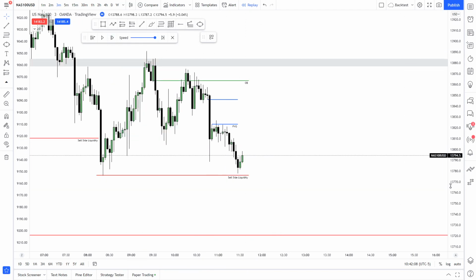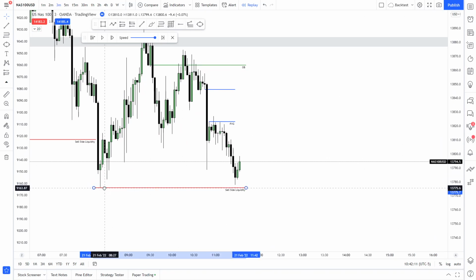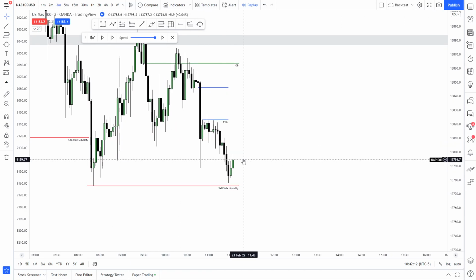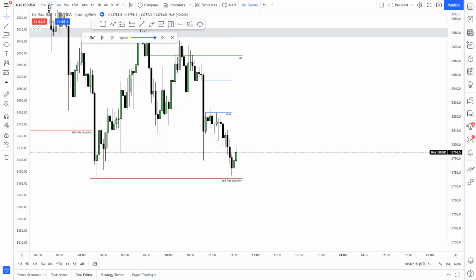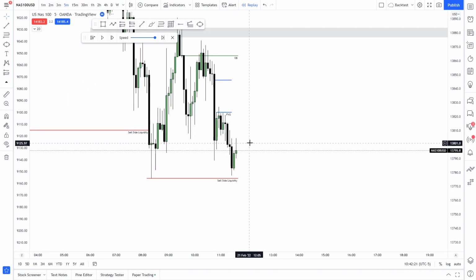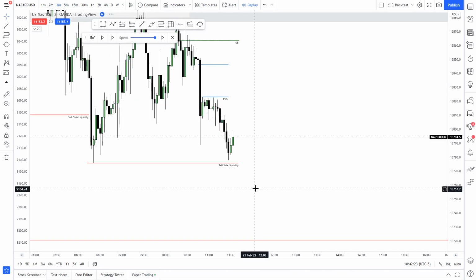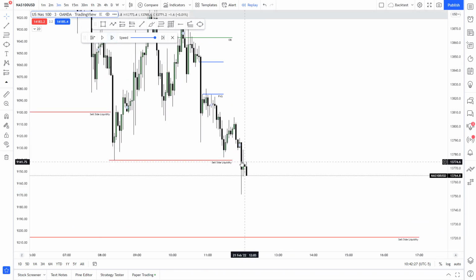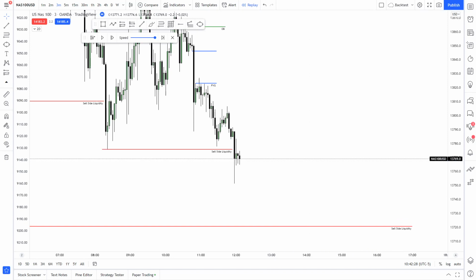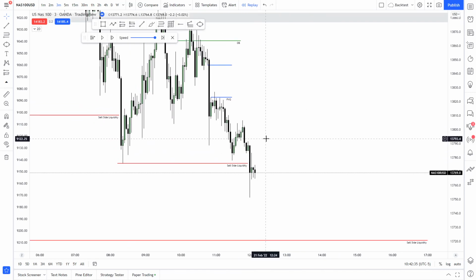Price doesn't come down fully, so that means we're looking for a retracement and another area of an FVG, but there's no FVGs here, so we can just expect price to come straight down through. And yeah, price comes down straight through down into the sell side liquidity.